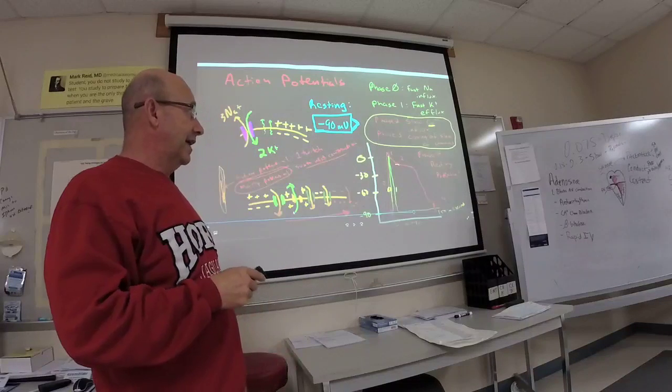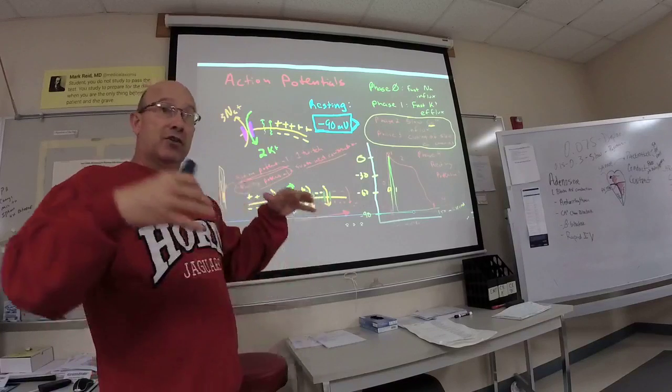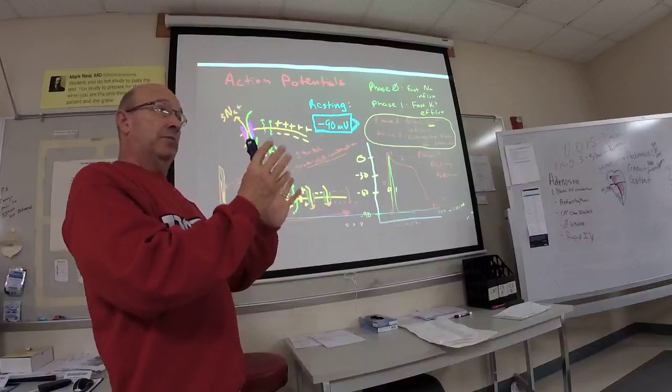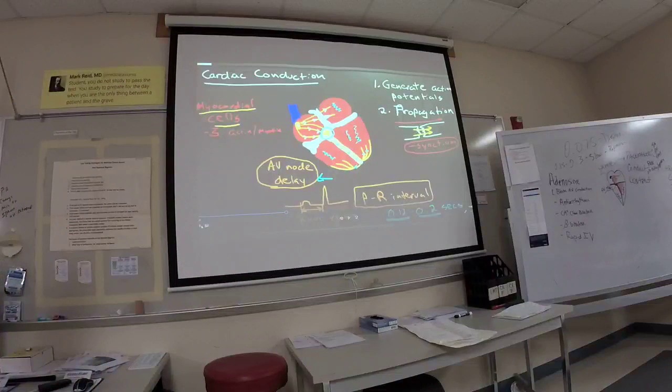Remember, we need that for proper cardiac function. We need that slow potential, because if we flip back here, this action potential, this signal, has to run up the ventricle for it to contract, right? So there's a distance here.